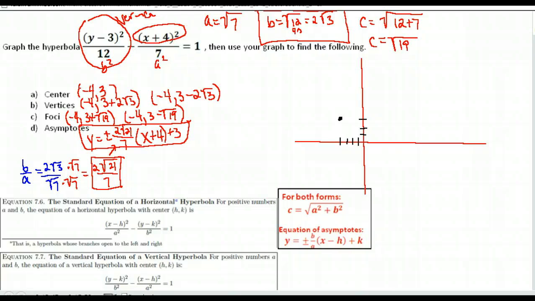I'm going to find out what 3 plus 2 root 3 is. It's 6.4. So we're at -4, 6.4.